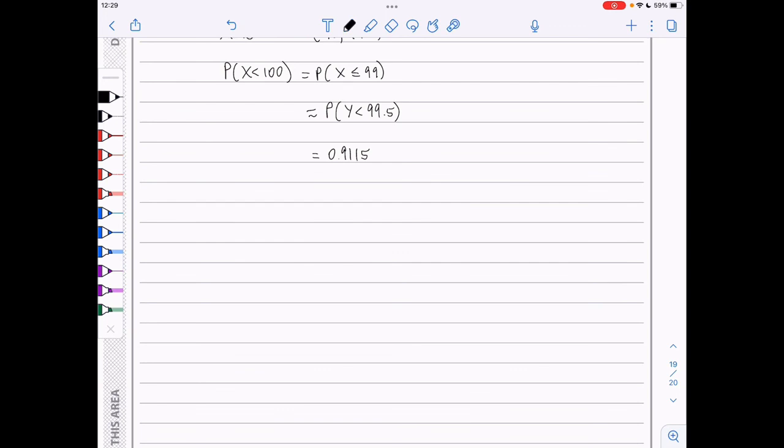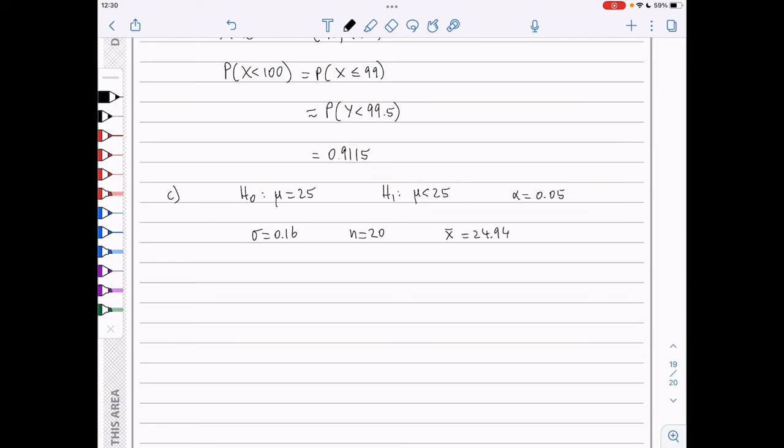We start the usual way. We write H naught: mu is 25. Now Hannah suspects, she believes that mu is less than 25. Alpha is 5%. We know that sigma is 0.16. We have a sample of size 20. We obtain a mean of 24.94.